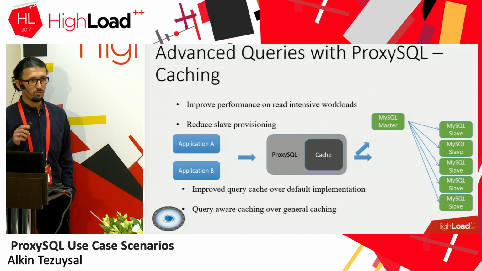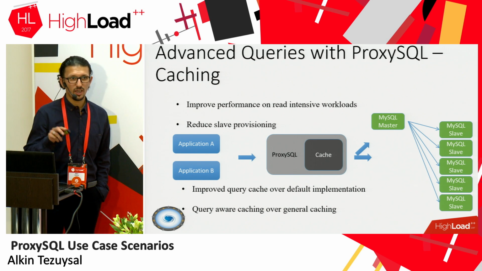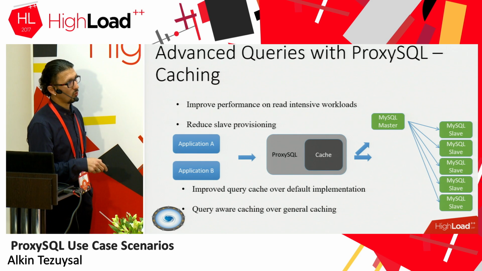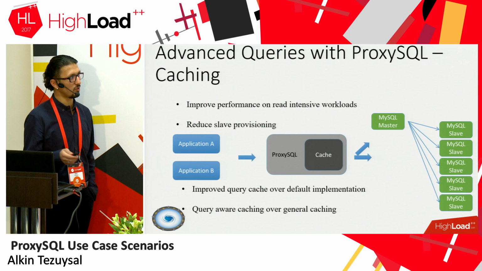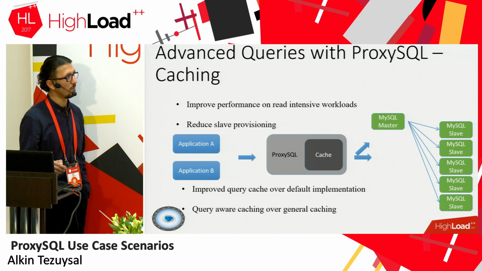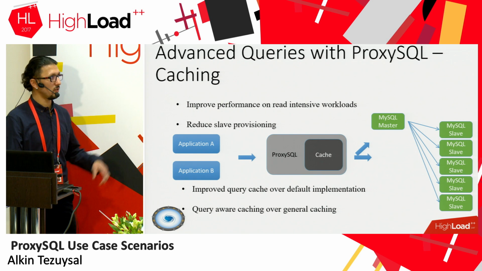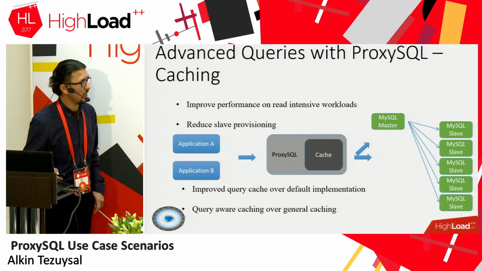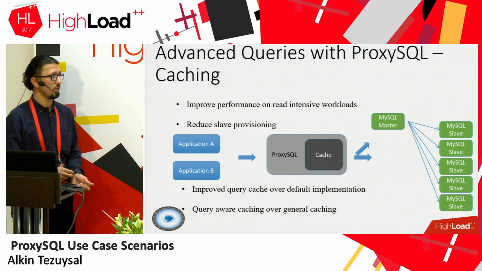So even Oracle doesn't think it was a good idea to have a query cache within the database engine, so it's going to go away. We tell people to disable it and not use it because it's really not efficient. But if you really need to cache something, you can do it in ProxySQL. This way we can again avoid any changes to the application layer.